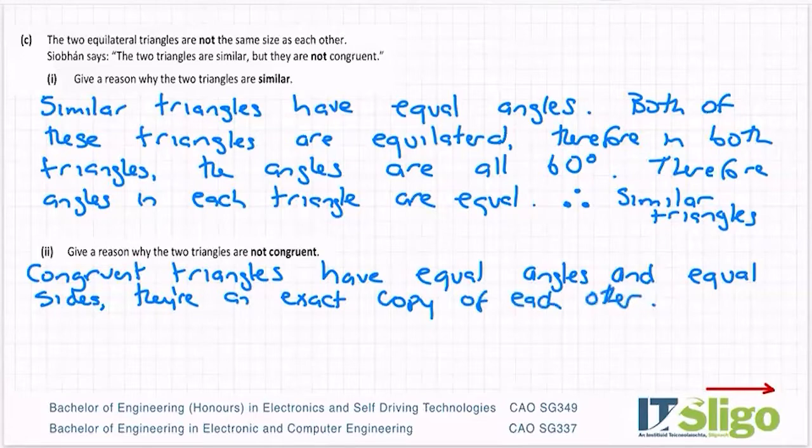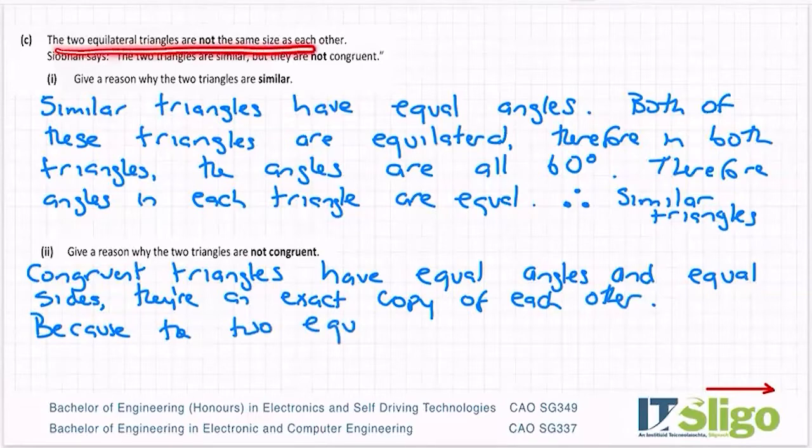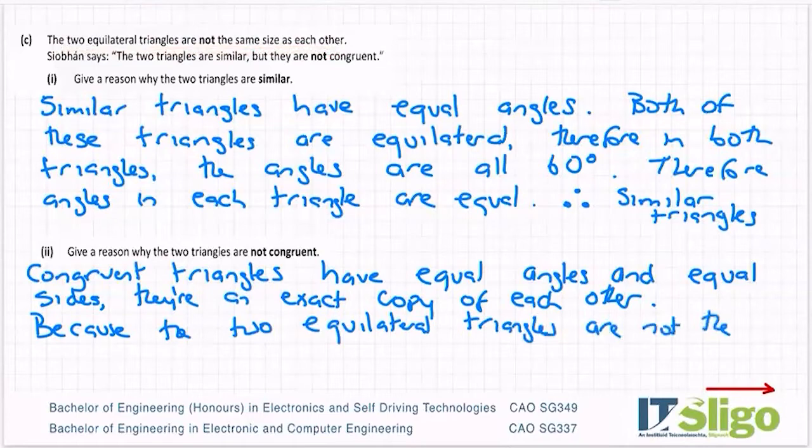Okay, because the two equilateral triangles, I'm actually up here ticking down their words. Look, I'm going to use their words. I always use their words in a question. Equilateral triangles are not the same size as each other.